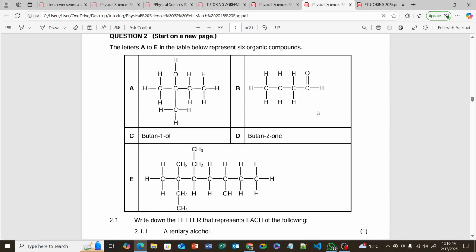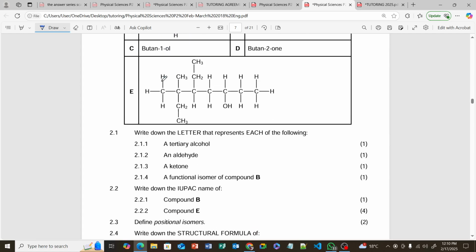The answer in this instance will be A, which is this one, because this carbon which has the functional group is connected to 3 other carbons, 1, 2, 3, and we call this a tertiary alcohol. So the answer here will be A.